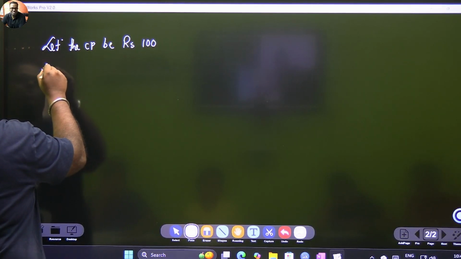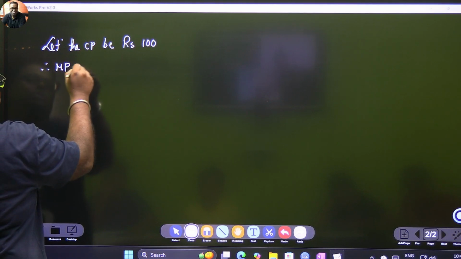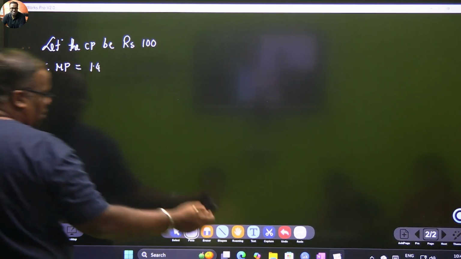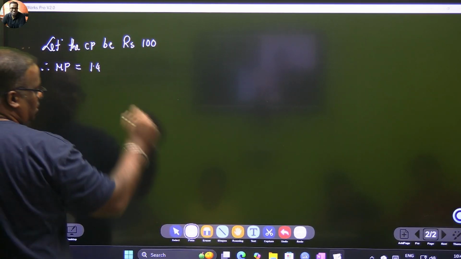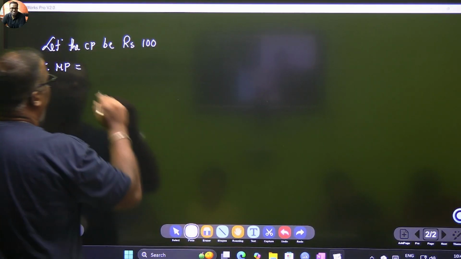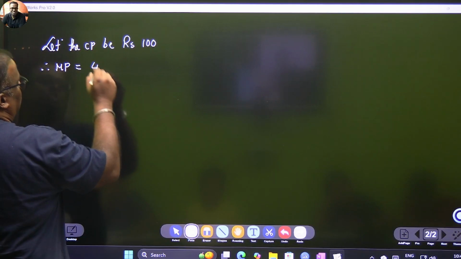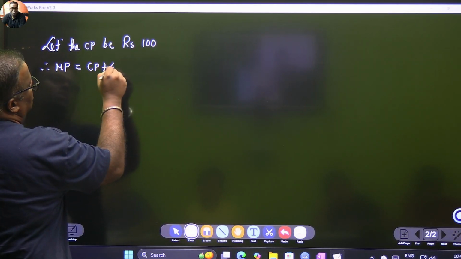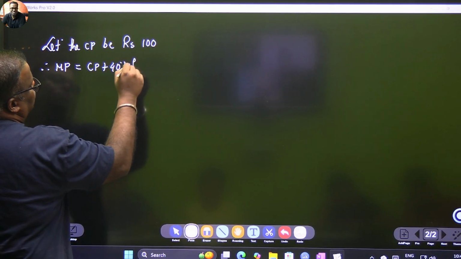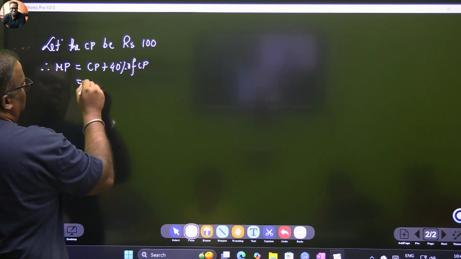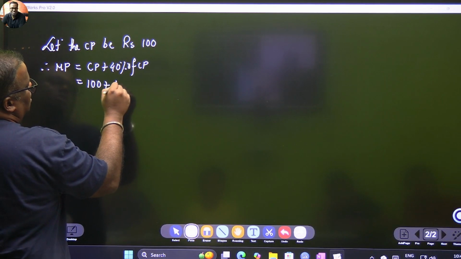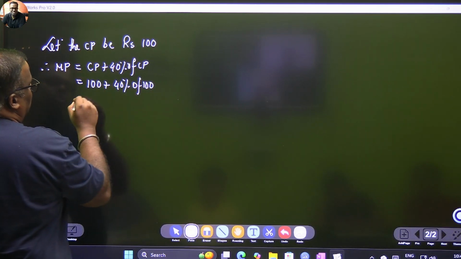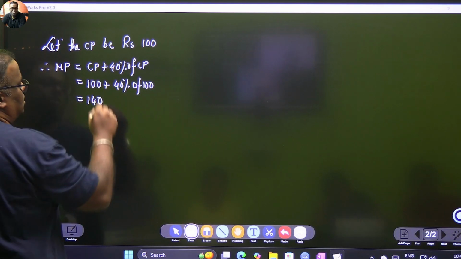Therefore the mark price, as it is 40%, will be CP plus 40% of CP. That means 100 plus 40% of 100, which is equal to 140 rupees.